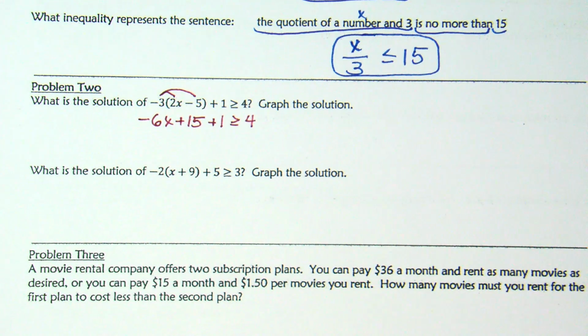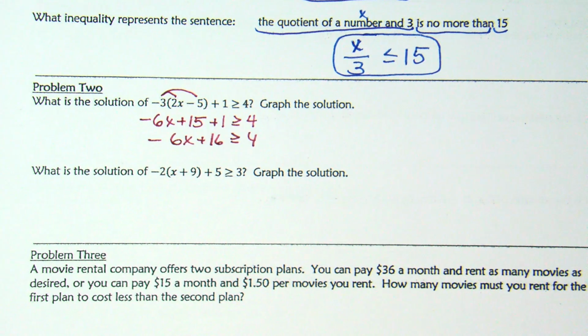Because they are like terms, I think is what she's probably looking for. Okay. It's combining like terms, but still, just knowing you add 15 and 1, right? They're the constants on the same side. So 15 and 1 is going to make 16. So now my inequality reads negative 6x plus 16 greater than or equal to 4.